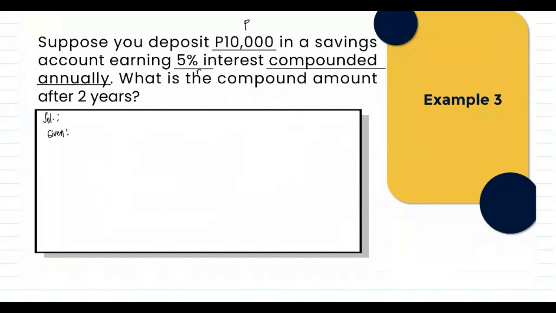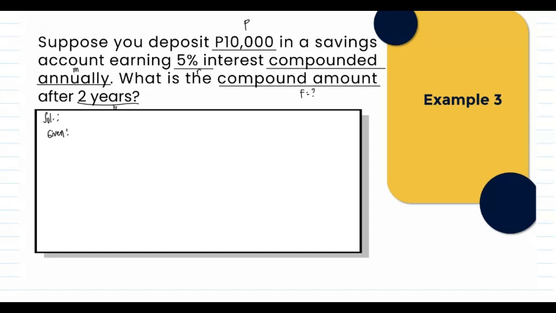The meaning of compounded annually is we do it one time in a year. So it's going to be now 1, and that's our M as well. We still have 2 years, so this is going to be our time. And then, what is the value that we are looking for? That is going to be the compound amount, which is our F.